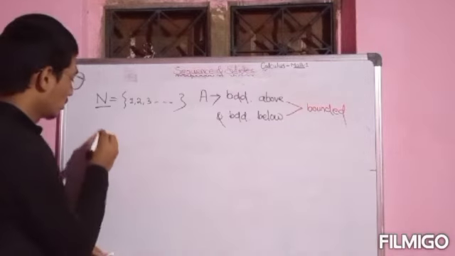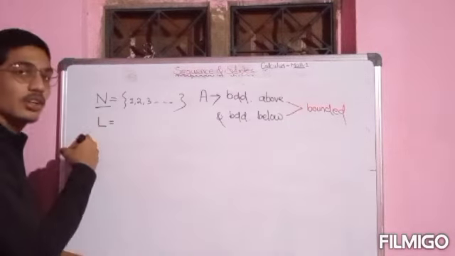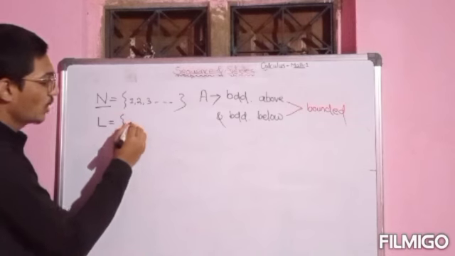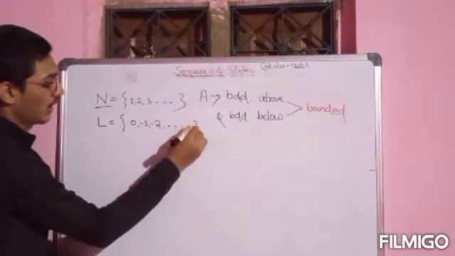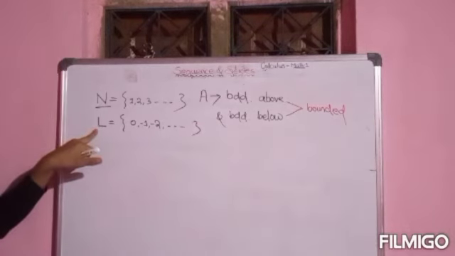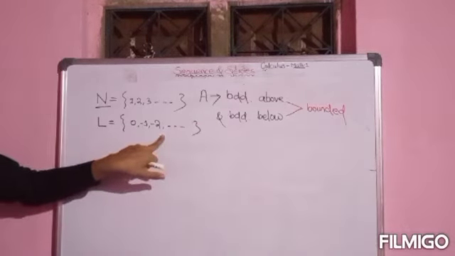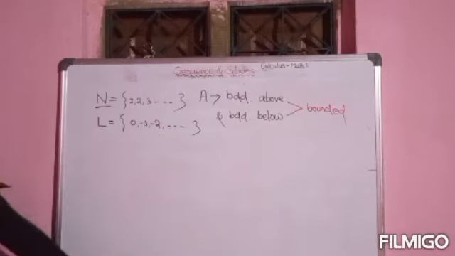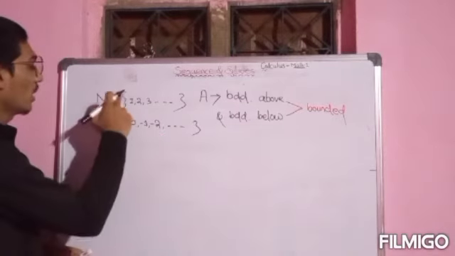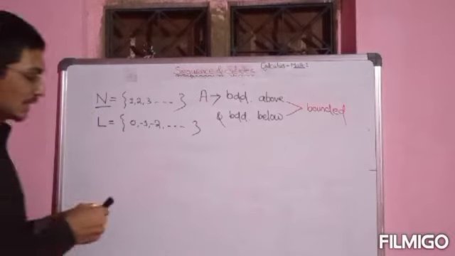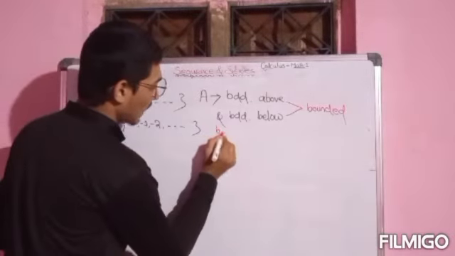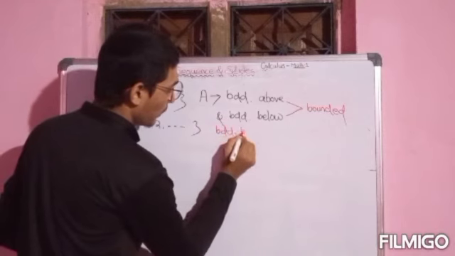I am writing the set of lower bounds as L. The lower bounds are 0, -1, -2, and so on. All the lower bounds belong to R only. So is it bounded below? Yes. So my set N is bounded below.